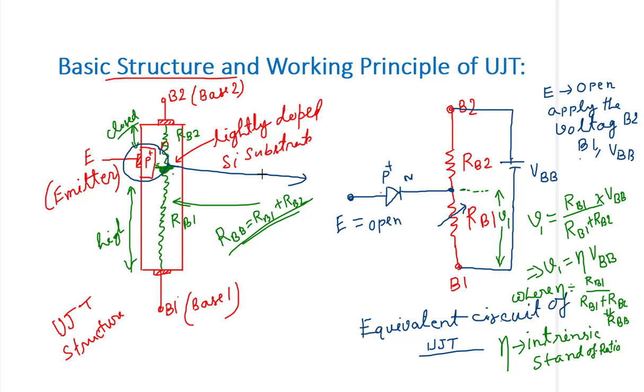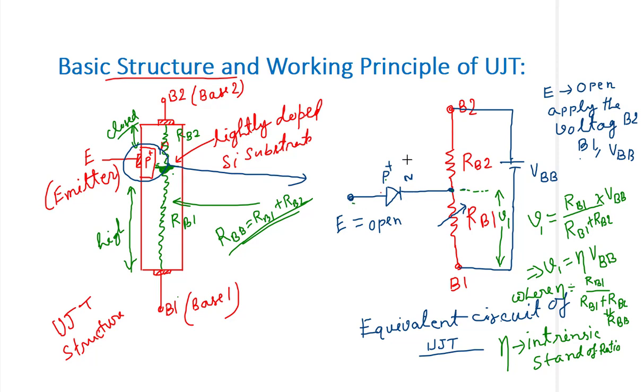So V1 equals eta VBB. What will happen here? Suppose the emitter is open, so the PN junction is reverse biased. V1 is a positive voltage and the emitter is open. The N terminal is at the positive voltage V1, and the P terminal is at 0 voltage.